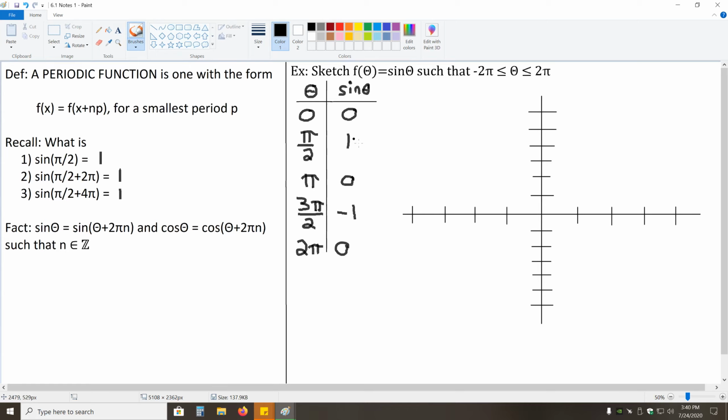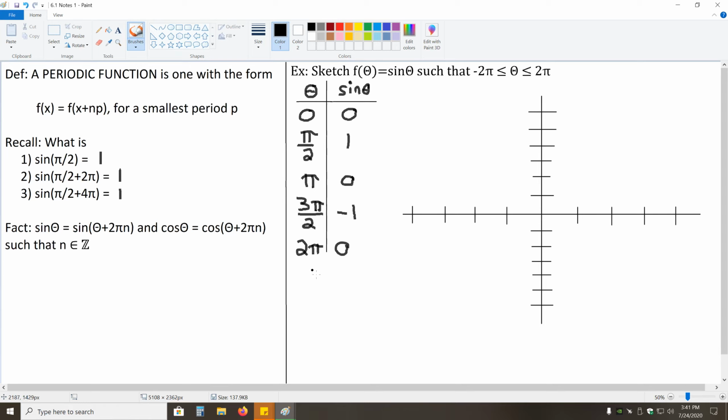Okay, now one quick note to make here is you might be thinking, well, why isn't the period of sine just pi? Why is it 2 pi? Because we traveled from the angle of 0 to the angle of pi and we repeated a value. But it's important to note that we're not repeating all values there. We only start repeating all of our values over again after we reach 2 pi.